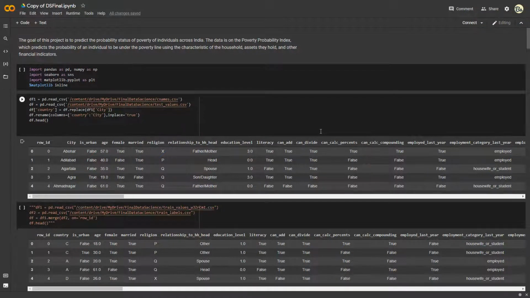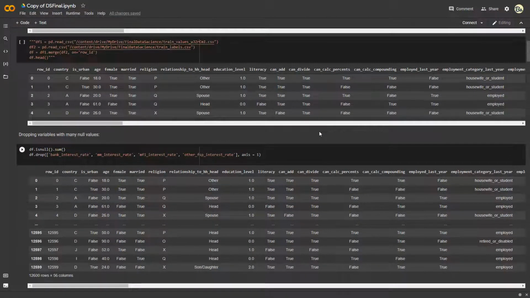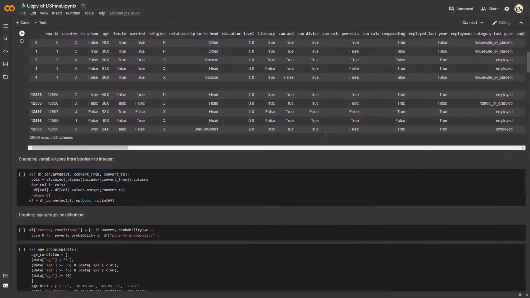For proper analysis of the data, we need to drop the variables and values which have nulls, so that we get a proper analysis. Some variables are boolean, so we converted them into integers also.